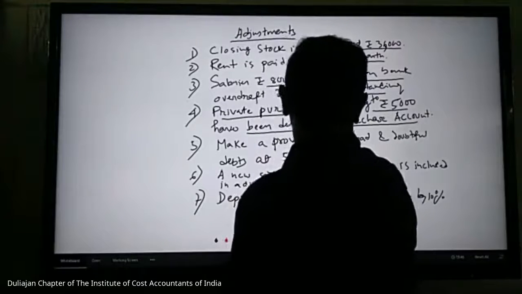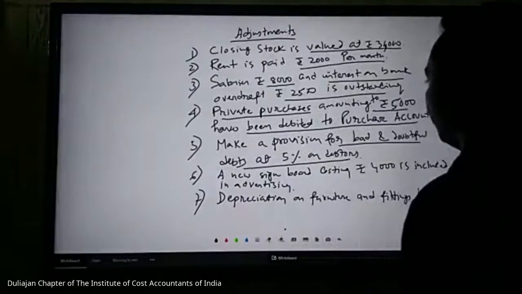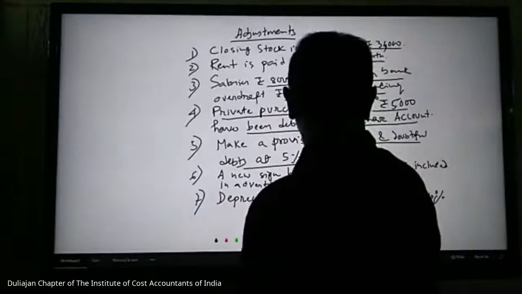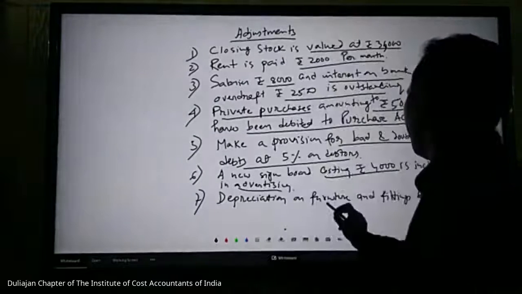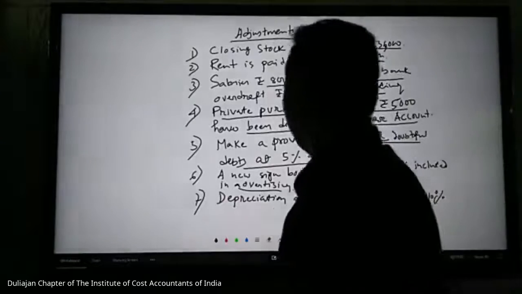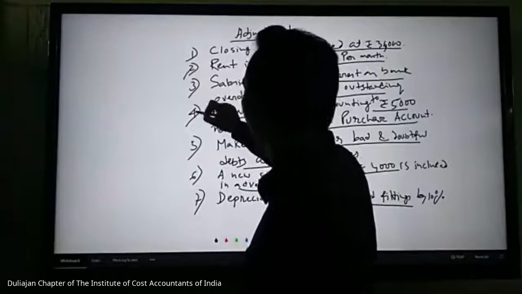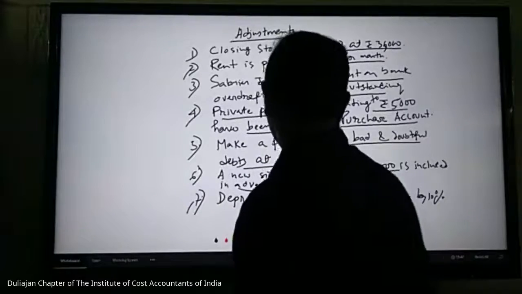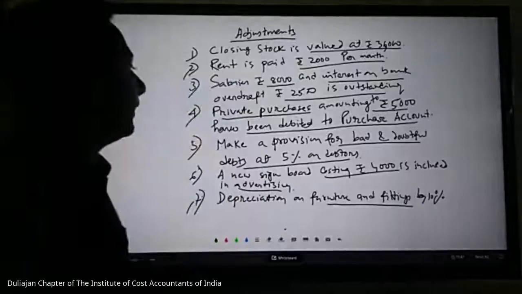Make a provision for bad and doubtful debt at 5% on debtors. A new signboard costing rupees 4,000 is included in advertising. Depreciation on furniture and fittings by 10%. In this question, there are 7 adjustments.